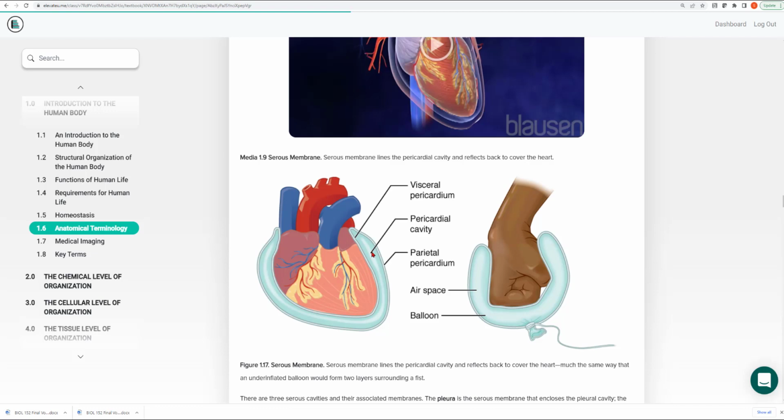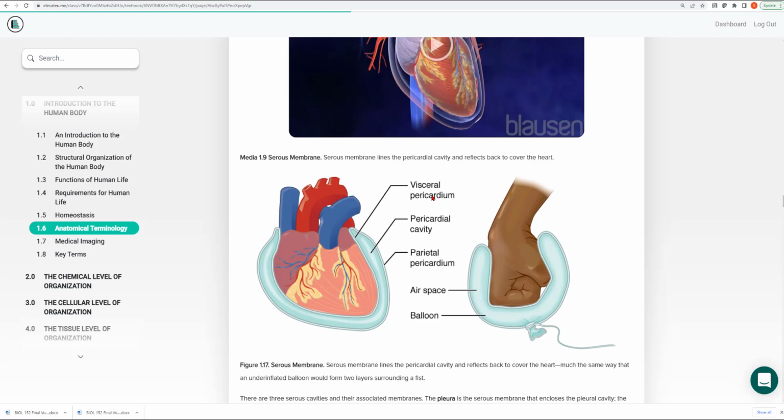If it weren't for this fluid, the heart would build up some heat and would also cause some friction, which could be damaging to the organ. This fluid also allows your heart to work independently and not rub up against the neighboring lungs and other tissue around the heart. So here around the heart, we have the pericardium.